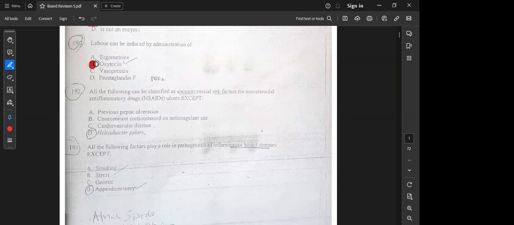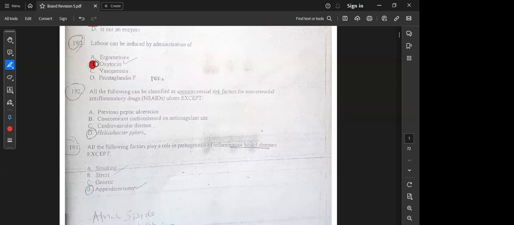So all are uncontroversial risk factors except. Personally, I'd go with cardiovascular disease. But I really don't understand what that term means, uncontroversial risk factors.